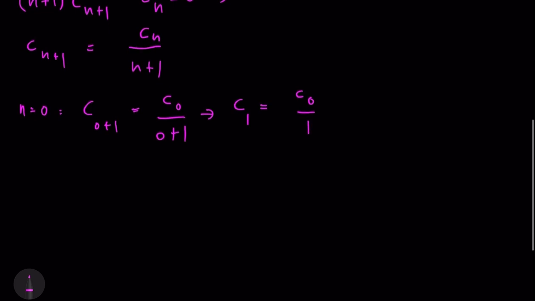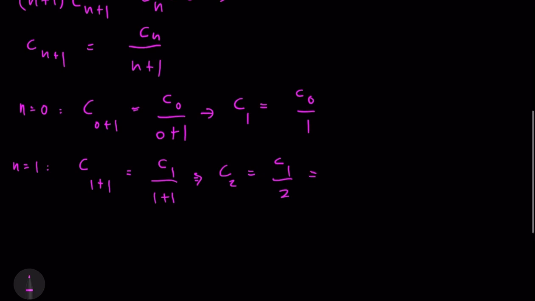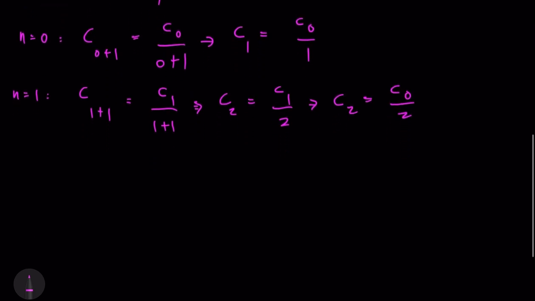Okay, so let's see, when n equals 1, we have c sub 1 plus 1 equals c sub 1 over 1 plus 1. But that just tells us that c sub 2 is c sub 1 over 2. Oh, but we said that c sub 1 equals c sub 0, so we have c sub 2 is c sub 0 over 2.